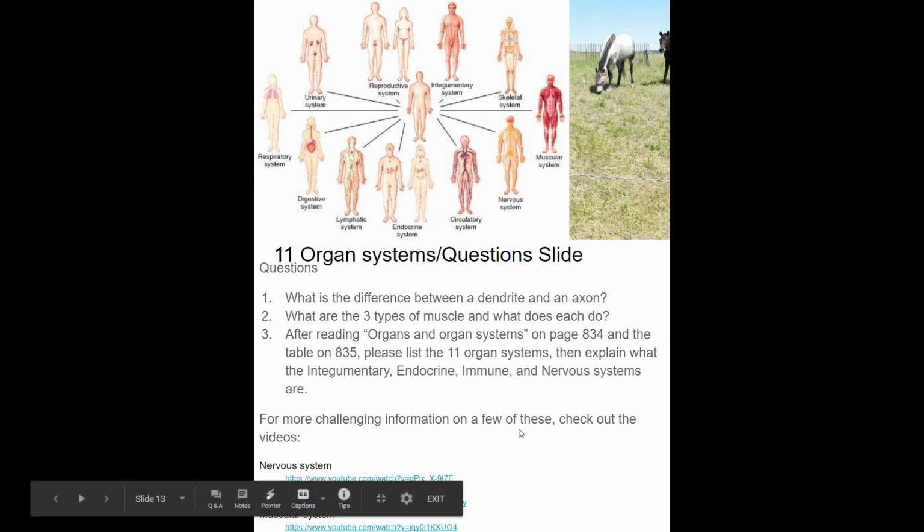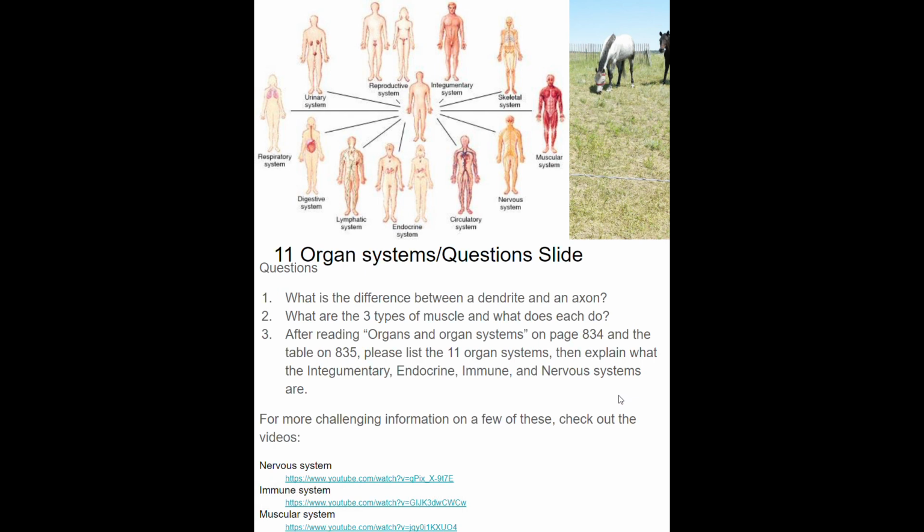If you want a little bit more of a challenge because you're like, oh my gosh, this is super easy, I'm really bored, please help challenge me, check out the videos below. They are nervous system, immune system, and muscular system. They are really cool and dig a little bit deeper into what we're talking about here because we won't be able to, sadly. If you don't need too much of a challenge, what I would recommend is maybe the first 4 or 5 minutes of each.